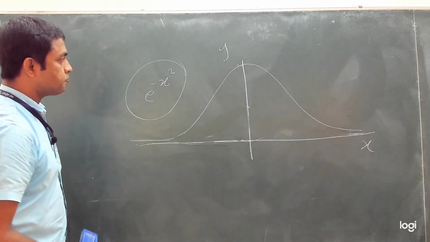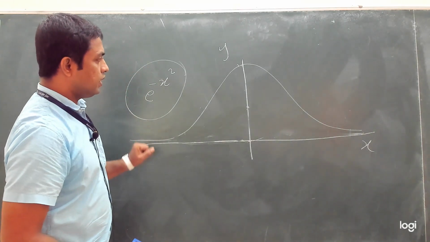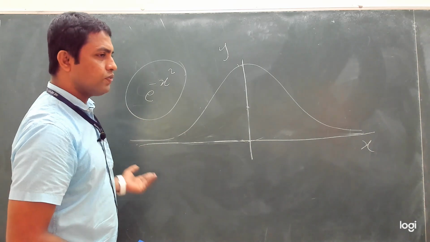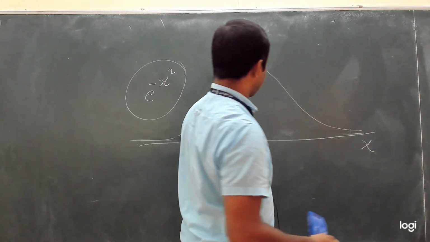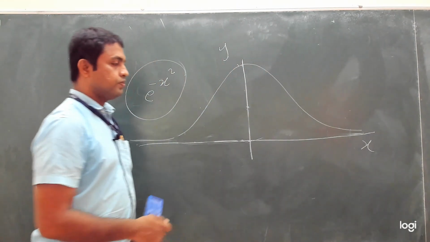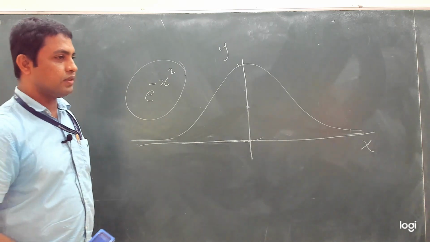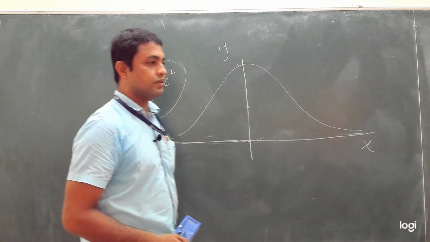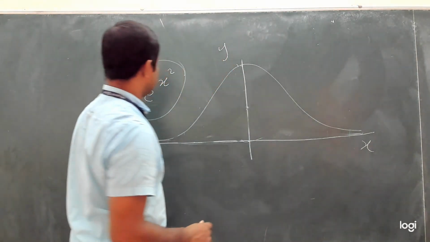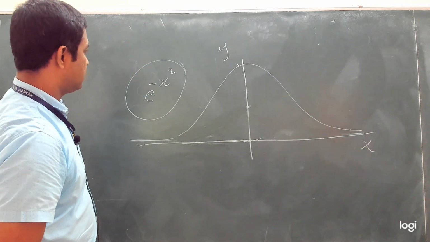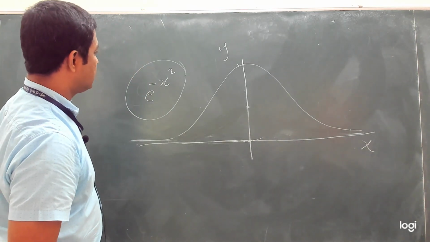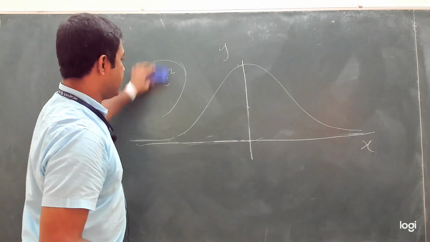What is the integral of this function, e power minus x square? Is it finite? I think it equals 1 or something. Okay, so this is an exercise for you.